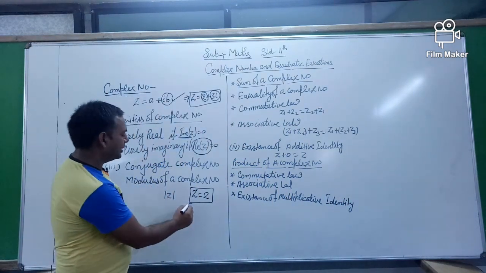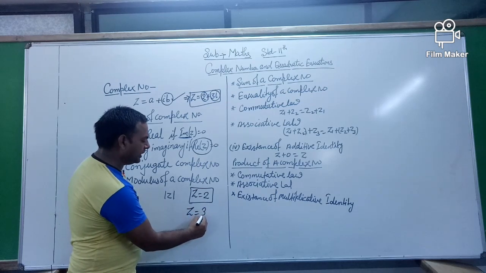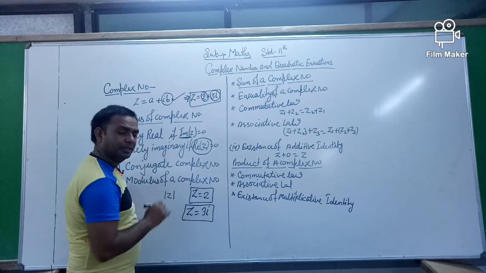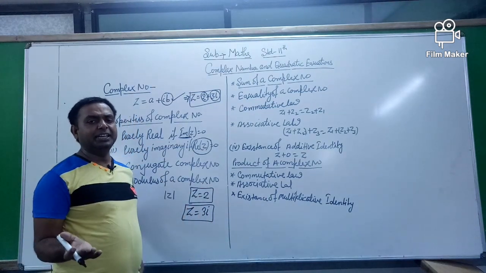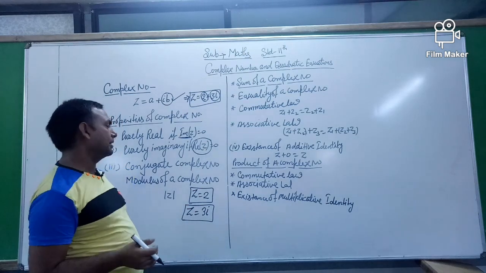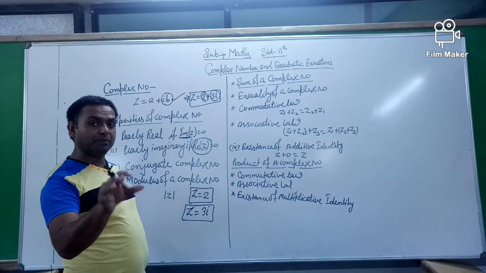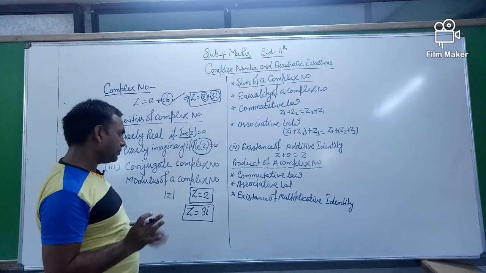For example, if the real part is 0 and there is only the part 3i, then the complex number is purely imaginary. If z = 3i, the real part is not given, so it is a purely imaginary complex number, and this is only possible if the real part is equal to 0.